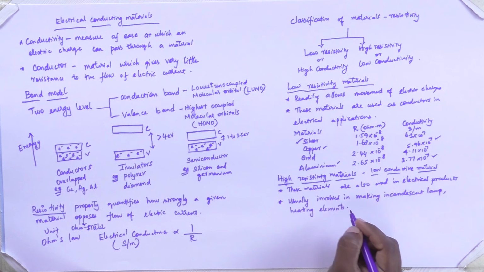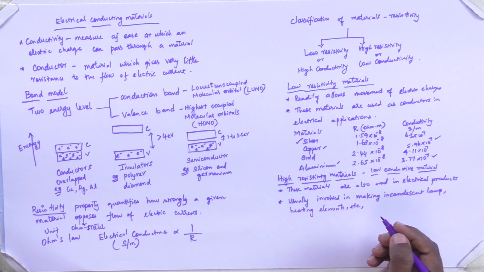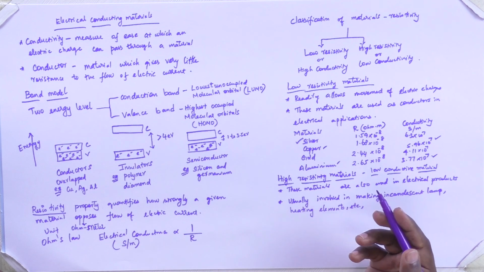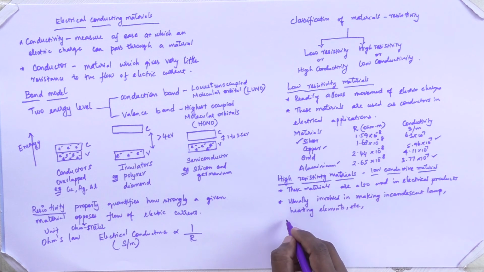So these materials are used as heating elements in the electrical field, which means because of their resistance they will develop heat, and from that heat we can use it for many purposes, which we will discuss in the later part of the lecture.